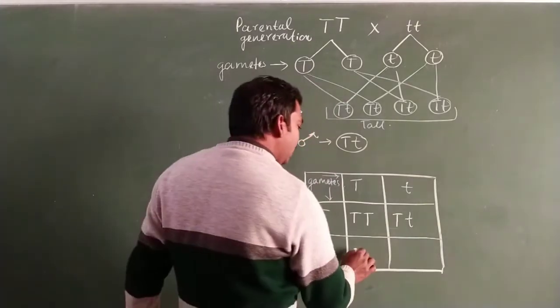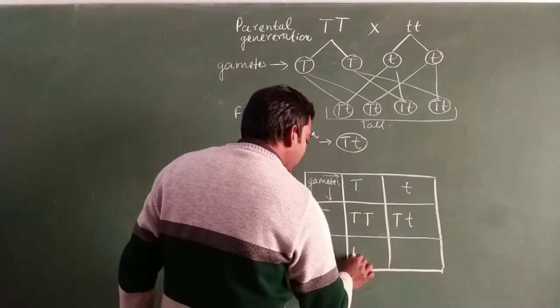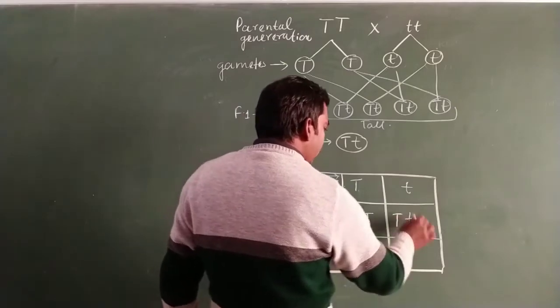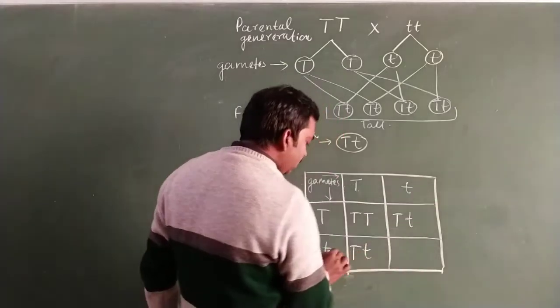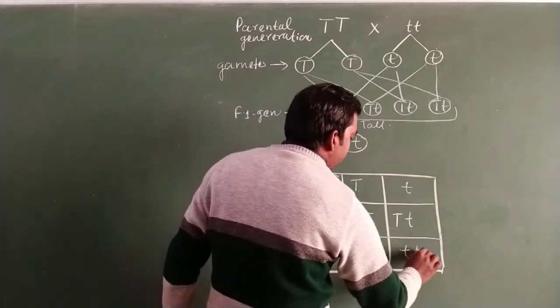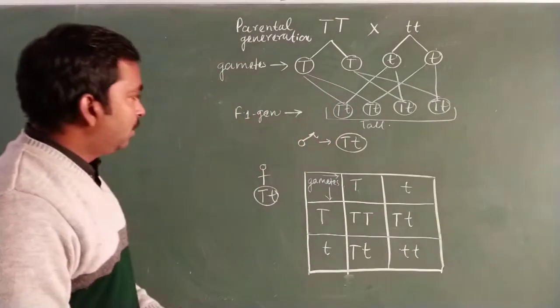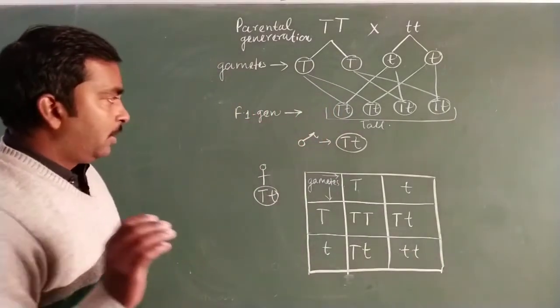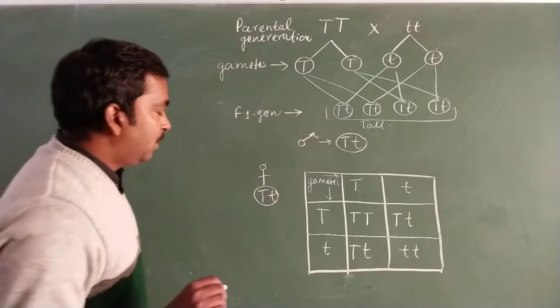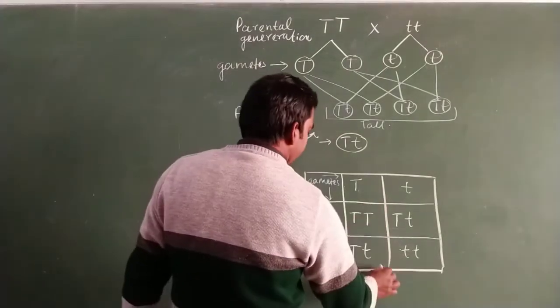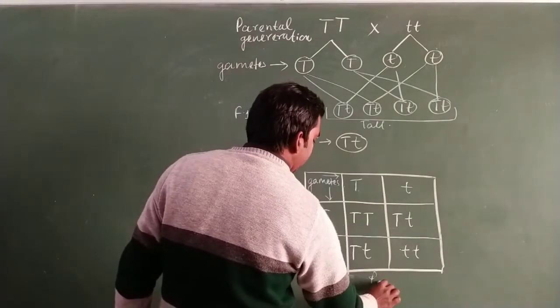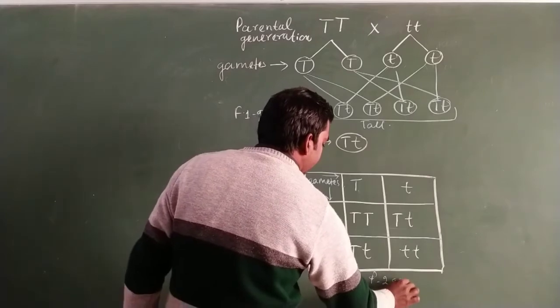Then the third possibility is capital T small t. And the fourth possibility is small t small t. So here is the result of the F2 generation. This is the F2 generation.